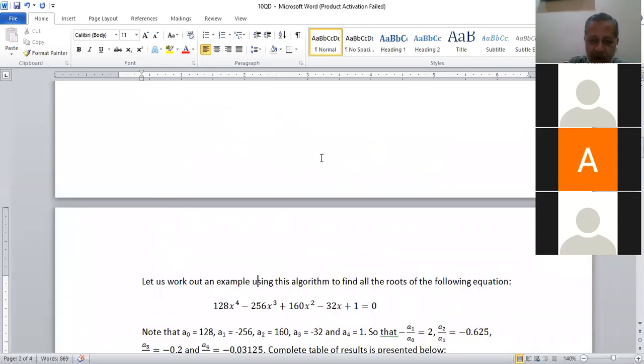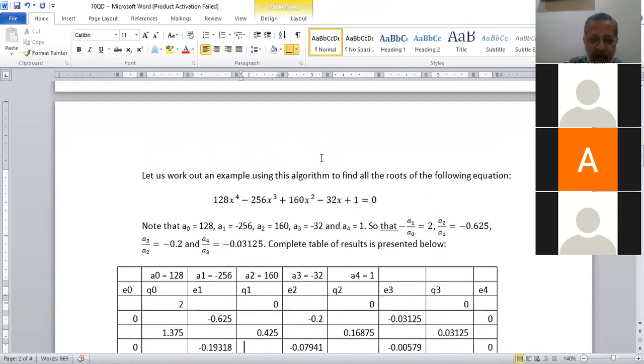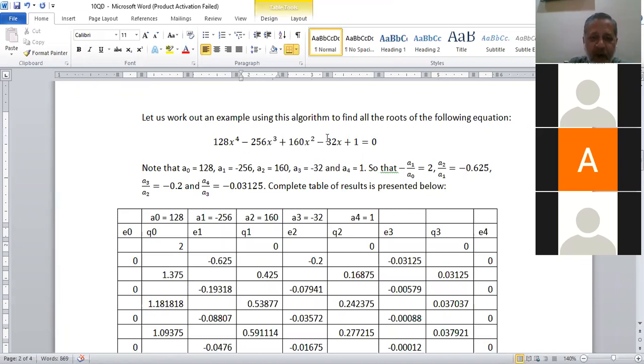Let us look at this example so that we can understand it more easily. This is a 4-degree polynomial. The coefficients are 128, minus 256, 160, and so on and so forth. The first Q value is this coefficient divided by this coefficient multiplied by minus 1. The next values of Q are all zeros.